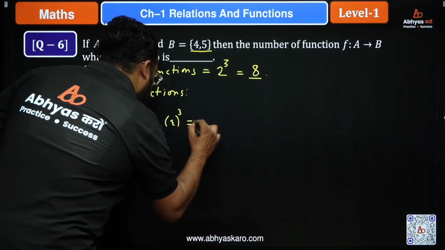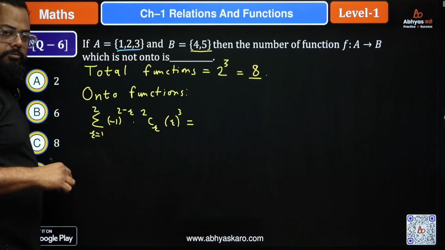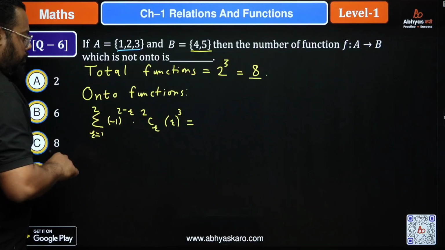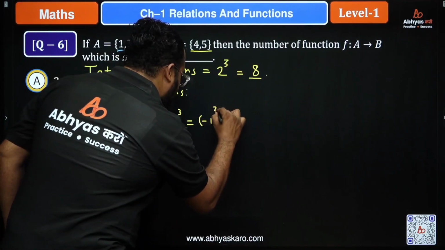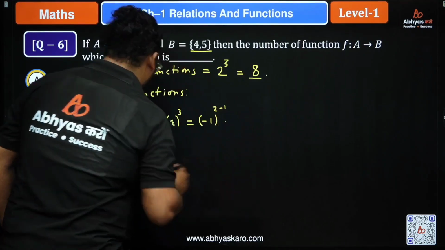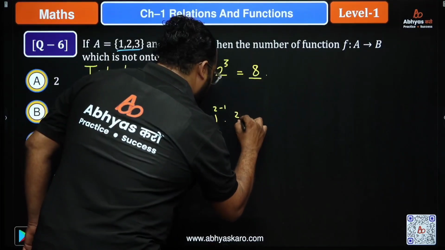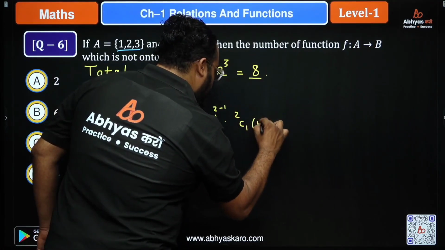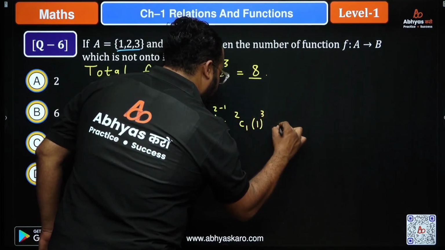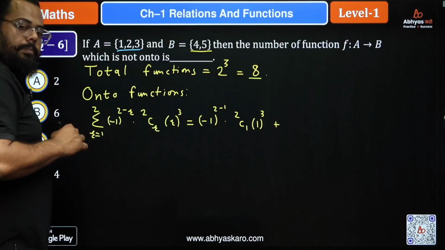क्या होता है इसका आंसर? सबसे पहले r की वैल्यू जब हम 1 डालेंगे तो फर्स्ट टर्म विल बी व्हाट, (-1) whole raised to 2 minus 1 multiplied by 2C1 multiplied by 1 cube. Now it is a summation, so all terms will be in addition.